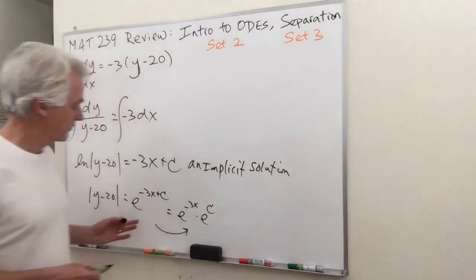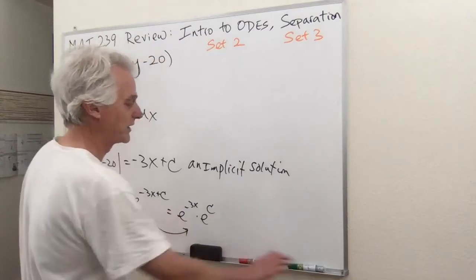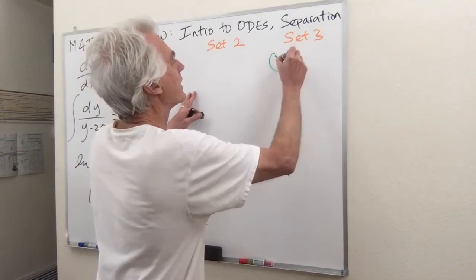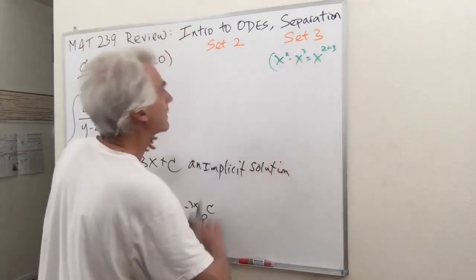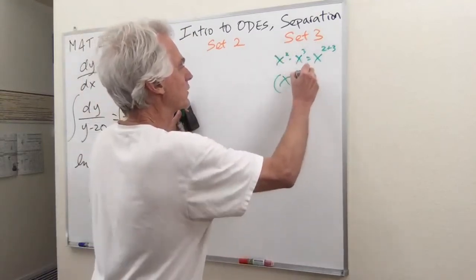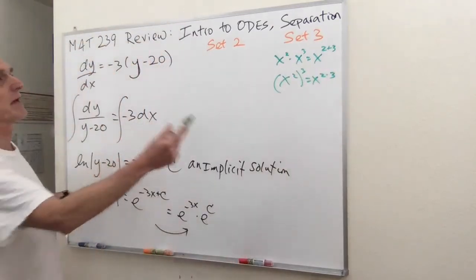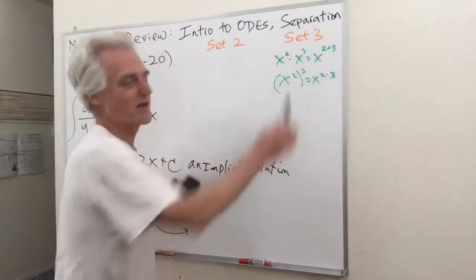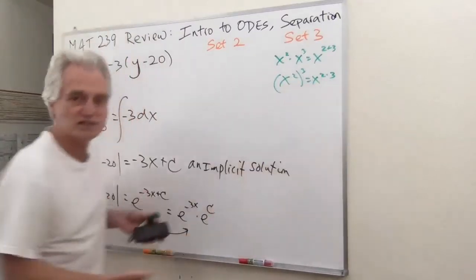Remember, in order to mess with exponentials correctly, you might remember that thing I love to do: x squared times x cubed is x to the 2 plus 3. And x squared cubed is x to the 2 times 3. And I can think about that as x times x times x times x times x times x, x squared times x squared times x squared, there's 6 factors of x, okay?